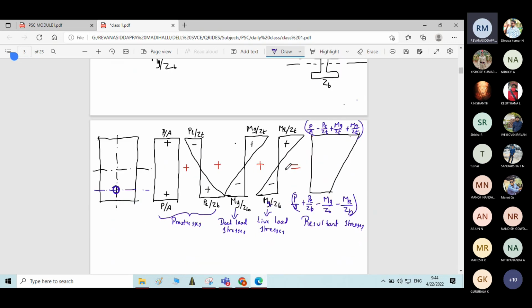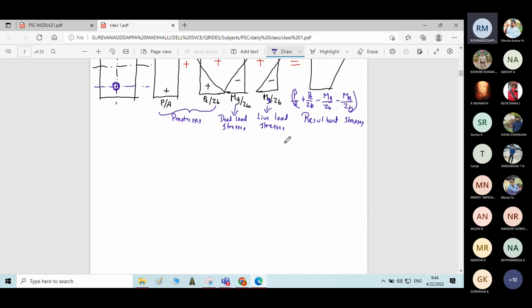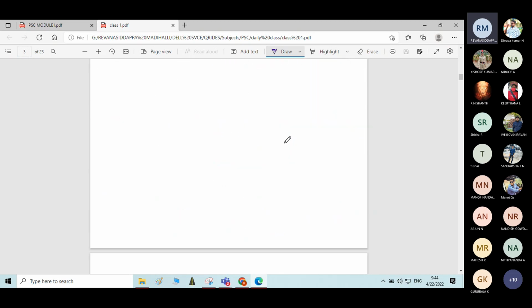Still, if you have any doubts on this concept, you can ask before moving on to the numerical problems. I hope this is clear for everyone. So I will move on to the problems.